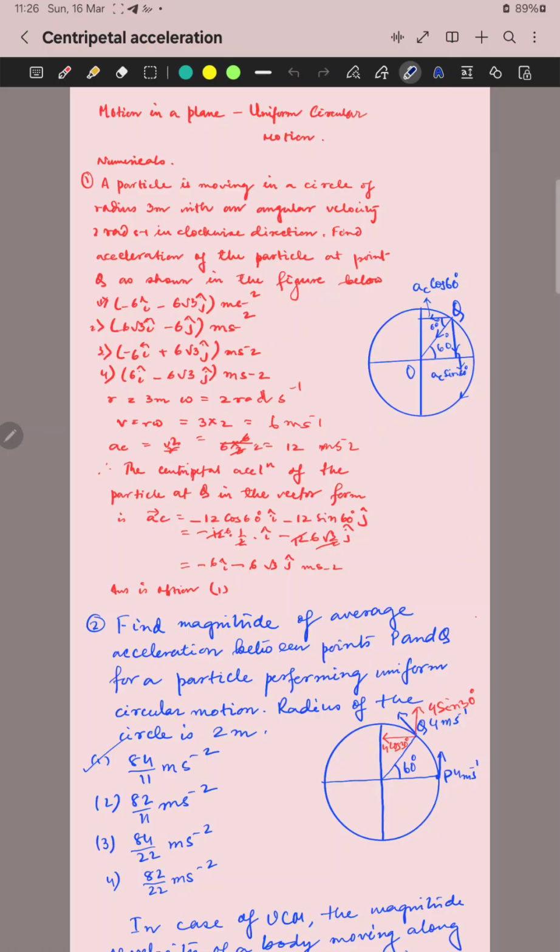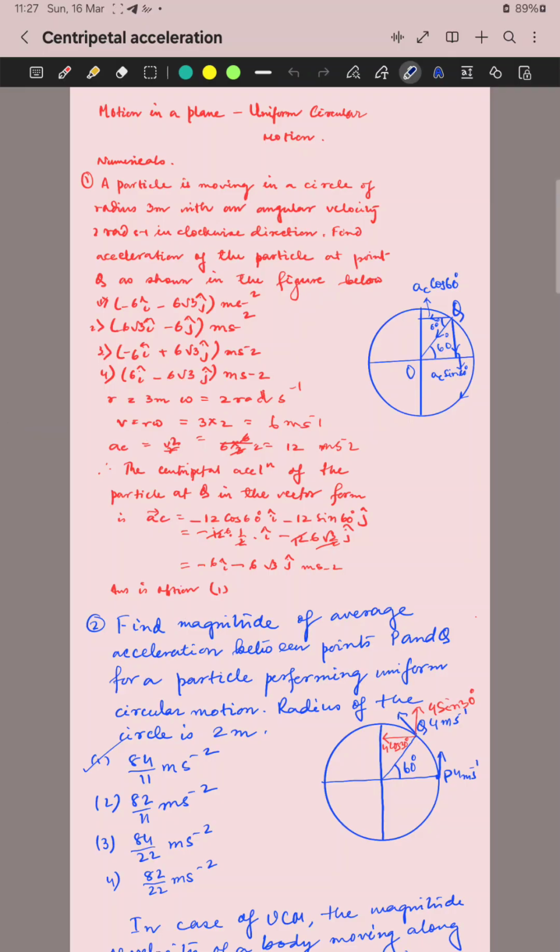So we need to find the acceleration of the particle at the point Q, and the 4 options are given. So the given information: r equals 3 meter, angular velocity 2 radian per second. We know the relation between the velocity and the angular velocity, which is v equals r omega.